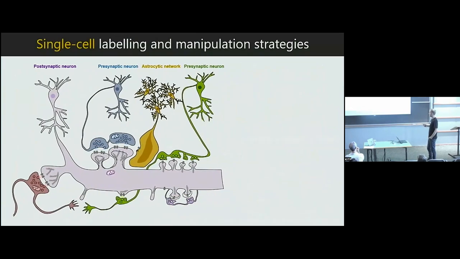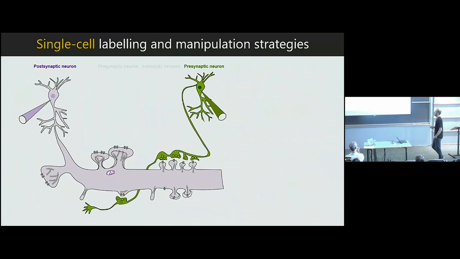And our way to approach the role of synaptic plasticity in the diversification of synaptic connections is to characterize individual connections between individual cells. So we are developing single-cell labeling and manipulation strategies using patch clamp pipettes, electrodes.